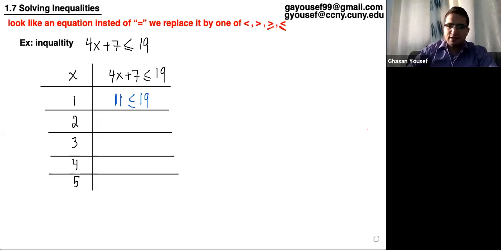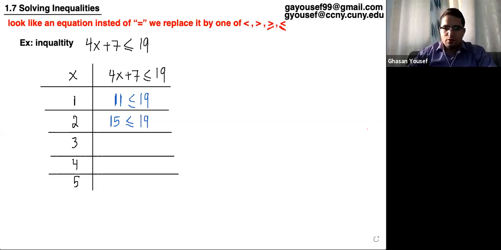Eric said 15, and Sahil Ahmed also said 15. Okay, let's do it together. Plug in the 2: 4 times 2 is 8, 8 plus 7 is 15. So I get 15 less than or equal to 19.